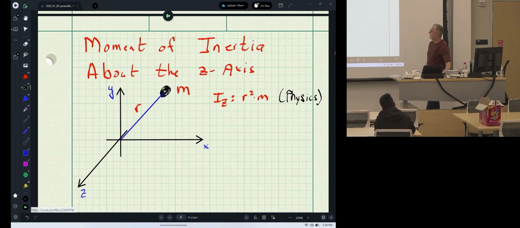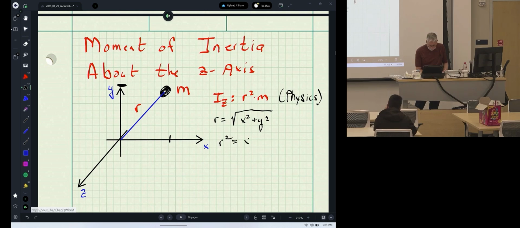So it's the distance to the origin, and so r is equal to the square root of x squared plus y squared. This thing has an x coordinate and a y coordinate, and so r squared is simply x squared plus y squared. So that's how you do moment of inertia for a point mass.